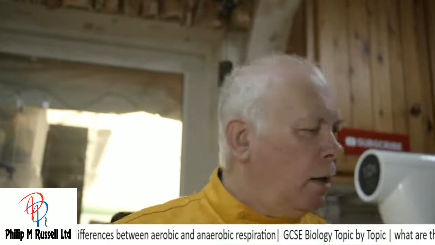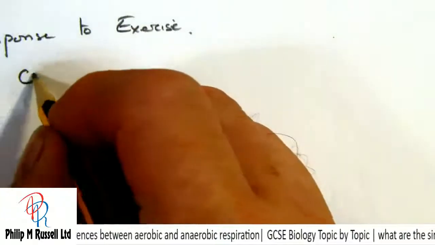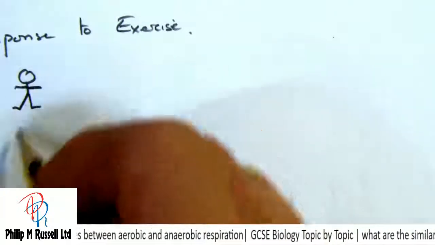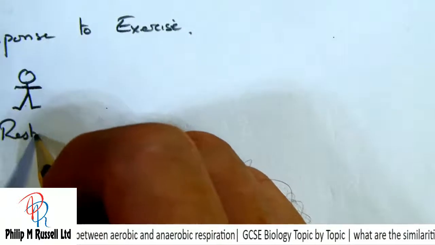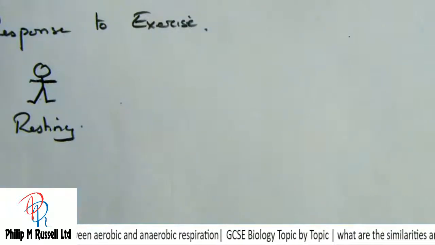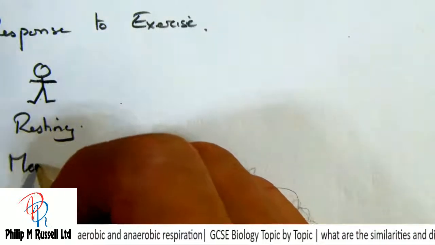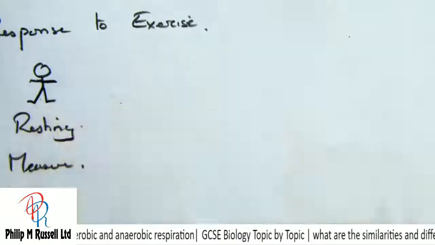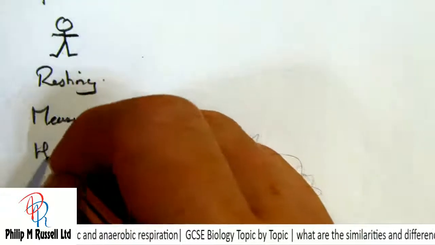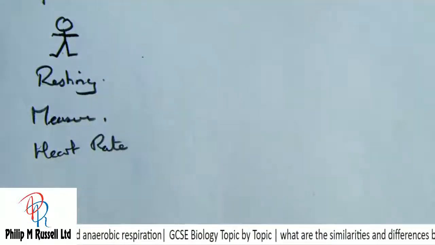So a normal type of experiment here is going to take someone that's resting. And while they're resting, we can measure various things. So what sort of things could we measure? Well, we can measure the heart rate.